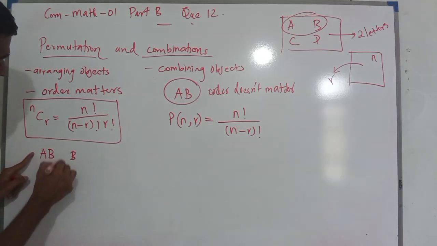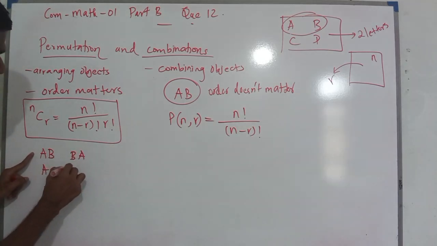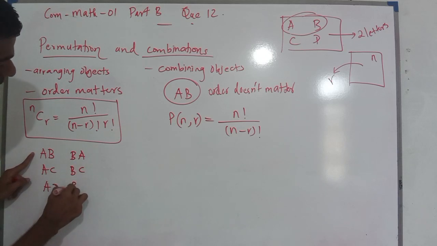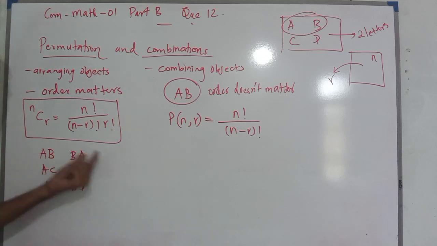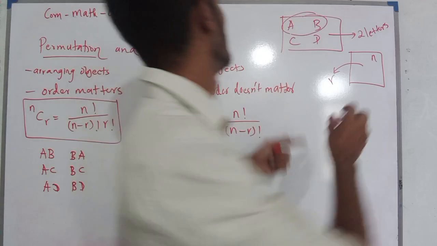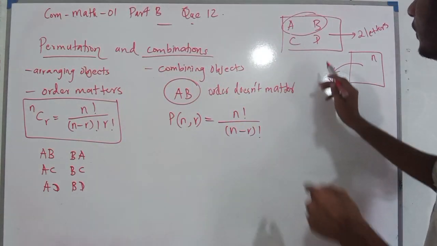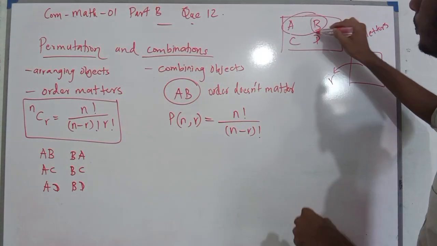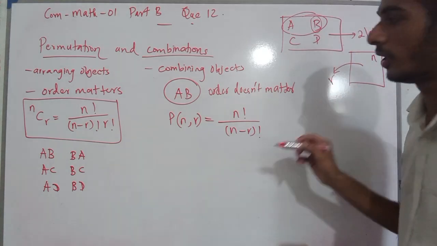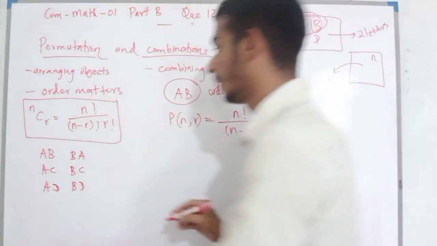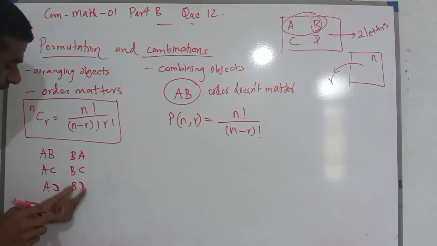Then with B, I can take BA, BC, BD. But we don't consider BB, because if I want to make a pair I cannot pair B with B. I have to take distinct letters.